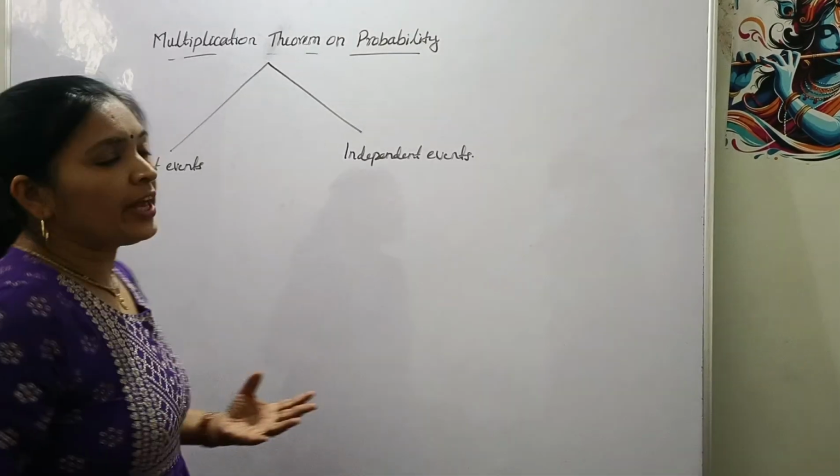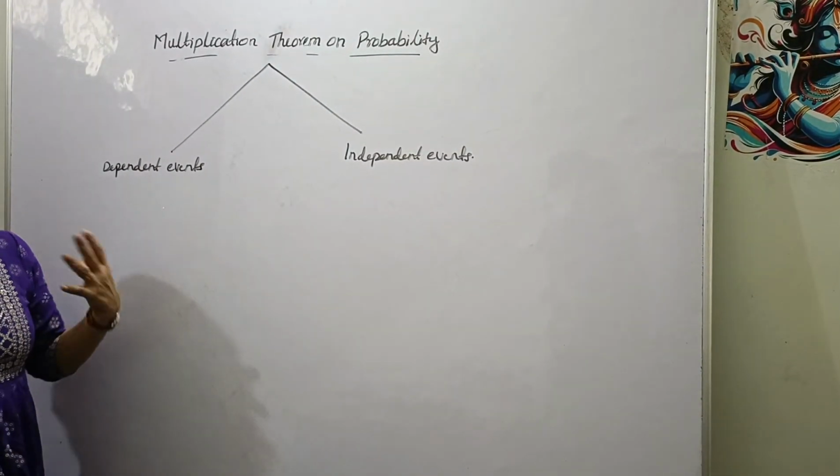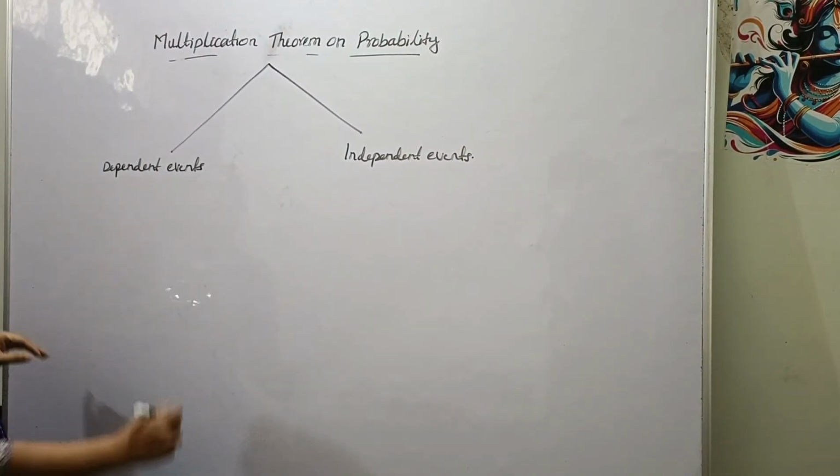Now let's see, if there are n events, what is the multiplication rule of probability?